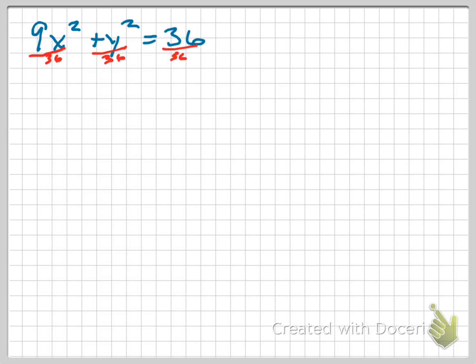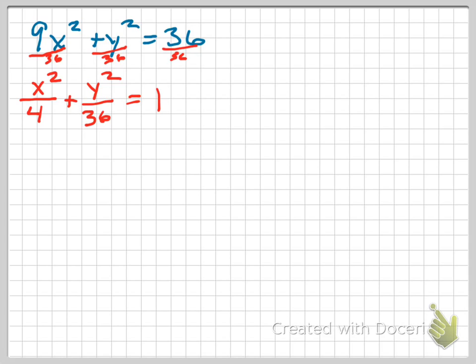So for the x, you have a fraction 9 over 36, which reduces to 1/4. And for the y, it's just 1/36, so that would be written like that, equals 1.